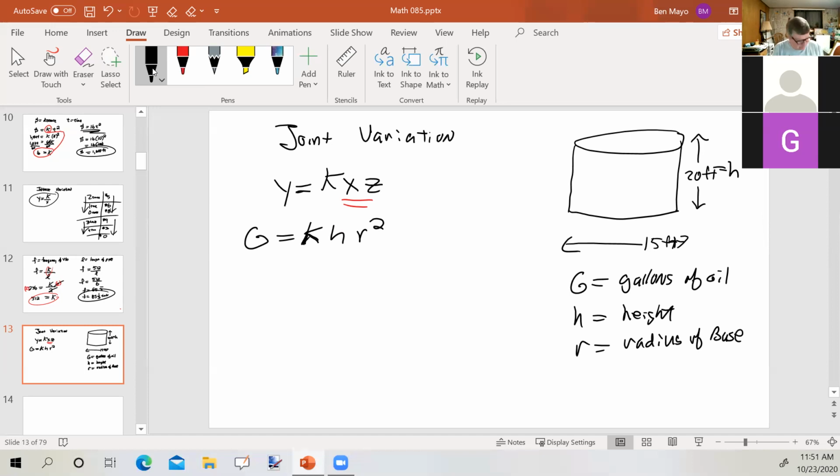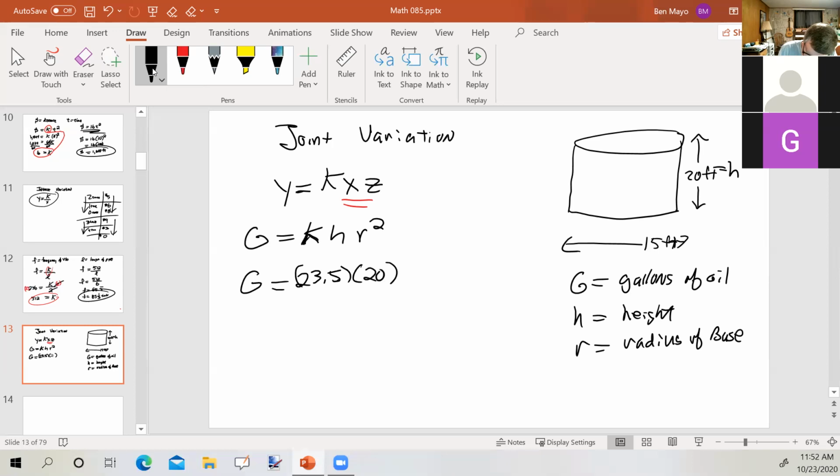Now, it says the constant of proportionality, which is the variation constant, is 23.5. So in this problem, they're giving us K. Find the number of gallons that can be stored in the cylindrical tank. So the unknown is G. They gave us K.